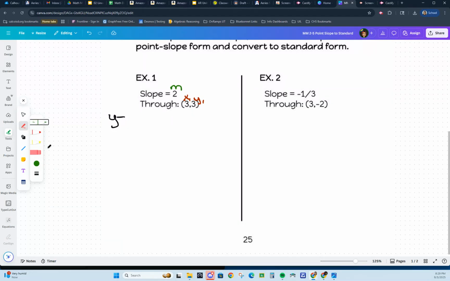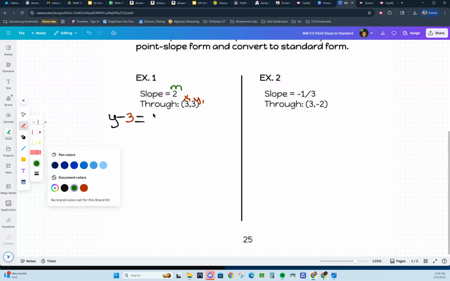So that being said, we're starting with y equals. So we're going to subtract our y1. So y minus 3 equals, and we're going to put our slope in there.